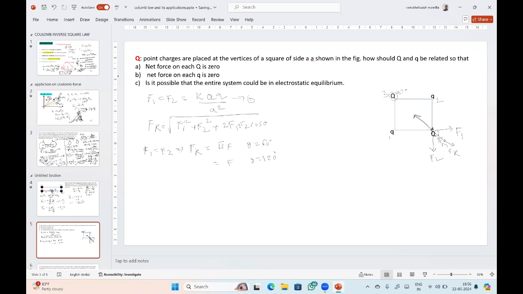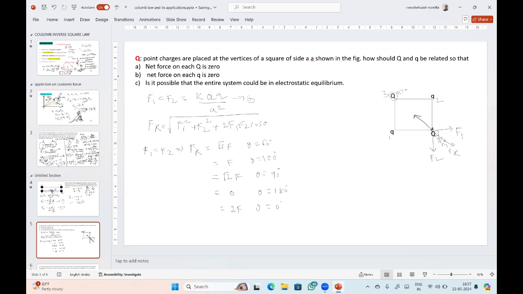Remember this, instead of calculation you can remember for equal forces: when the angle between them is 60, it is root 3 F; when the angle between them is 120, it is F; and it is root 2 into F when the angle is 90. F minus F means 0 when theta is equal to 180. And F plus F, 2F, when theta is equal to 0, means both are acting in the same direction. So these are the values.